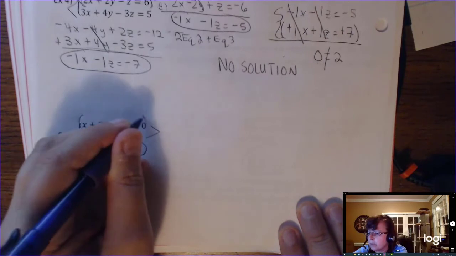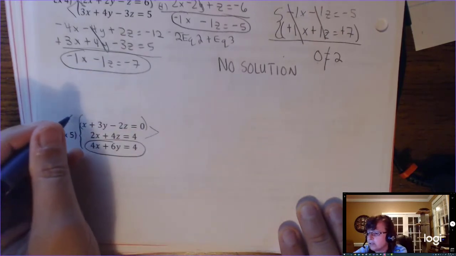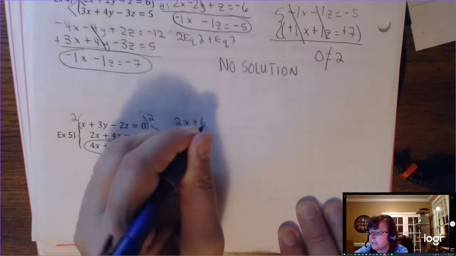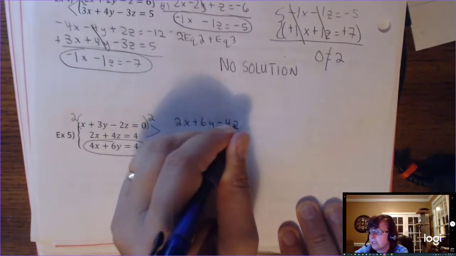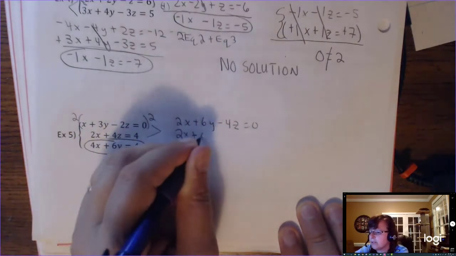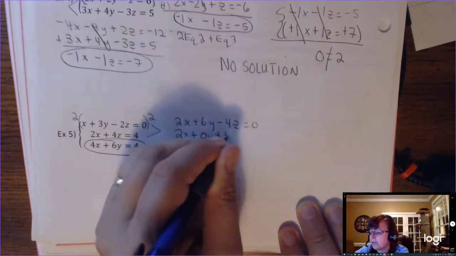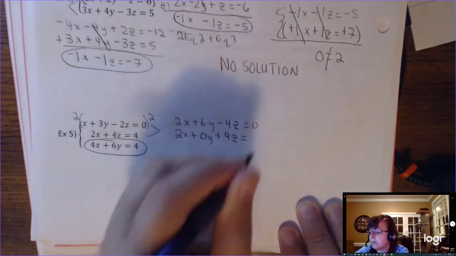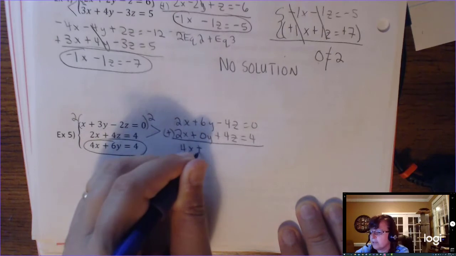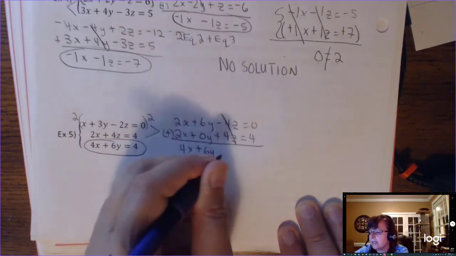So I need to multiply equation 1 both sides by 2 to get opposites. So that would give me 2x plus 6y minus 4z equals 0. And then this one would be 2x plus 0y plus 4z equals 4. And I'm ready to add and get 4x plus 6y equals 4.